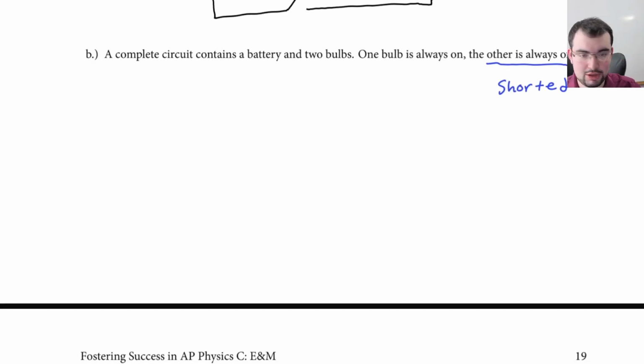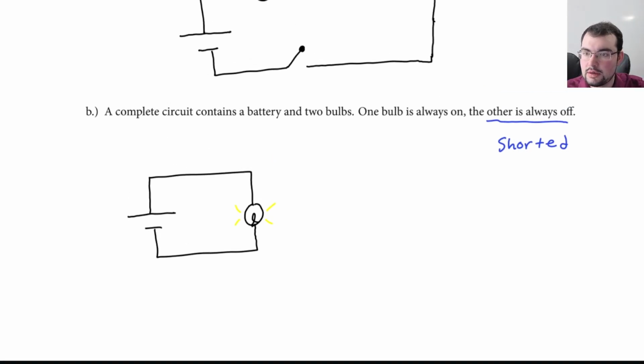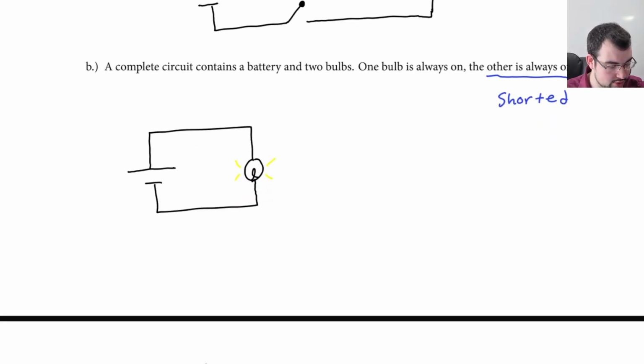And given that one bulb is always on, we can probably start just by making a single closed loop like this. And if my bulb is on, I might give a little light symbol like that. So now we got to think about where to put the other bulb such that it's shorted.